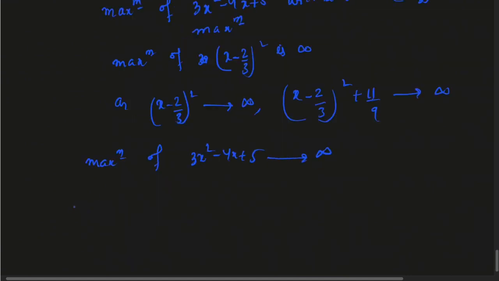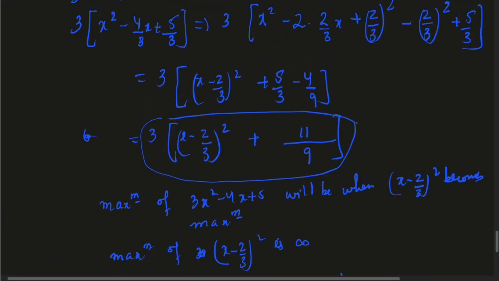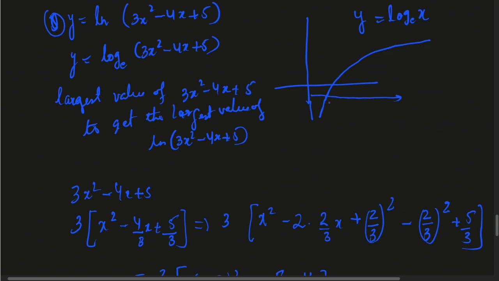So the maximum value of log base e of 3x square minus 4x plus 5 will be nothing but log base e infinity, because you have seen that when we draw ln of x, y is ln of x and it is x. So as x increases, ln x also increases and it becomes maximum when x is maximum.